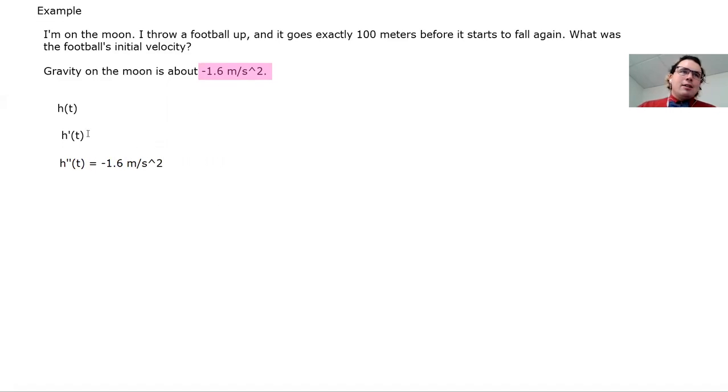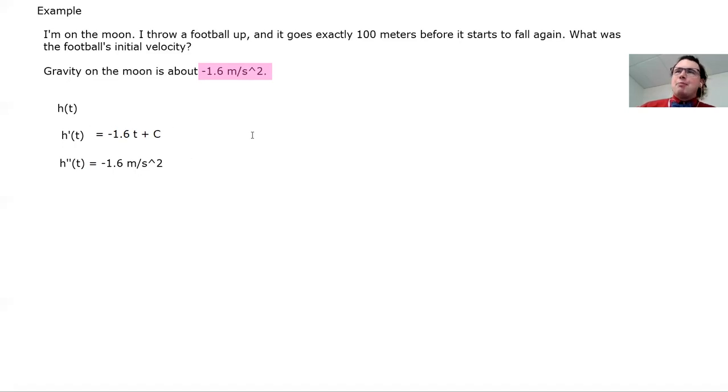Well, my velocity function, my h prime, is supposed to be the antiderivative of the second derivative. So this should be negative 1.6 times t plus some constant. What is that constant? Like literally, what is it?